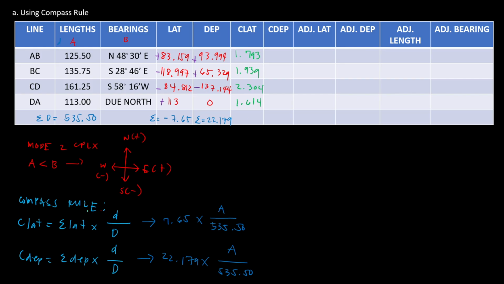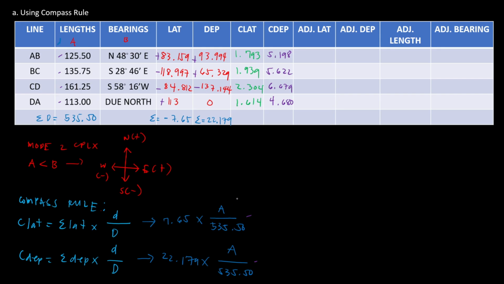Next, the correction in departure. We will compare our answers later to check if they are the same. For the correction in latitude, this is the input in the calculator, and for CDEP, this is the input. The calculator asks for the value of A, and we input 125.50, 135.75, and 161.25 to get these values.